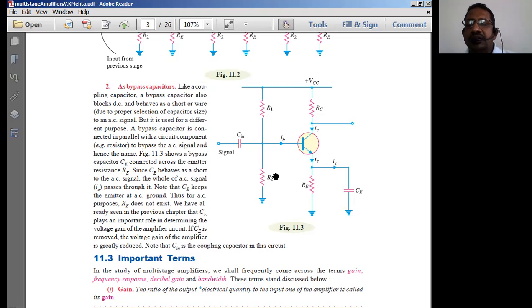These biasing currents are always going to be DC. Remember this. The input AC signal is always going to be AC. Therefore, the current coming to the emitter is a combination of DC, because of biasing, and also AC, because of the input signal.